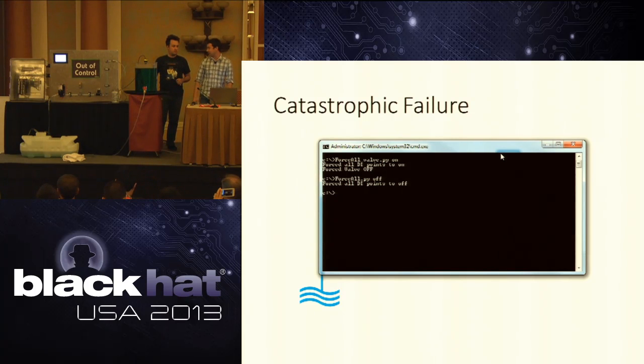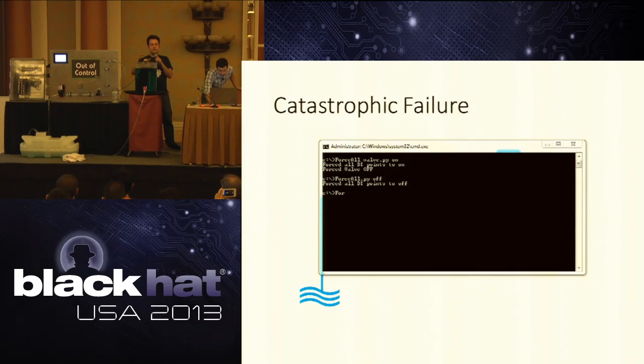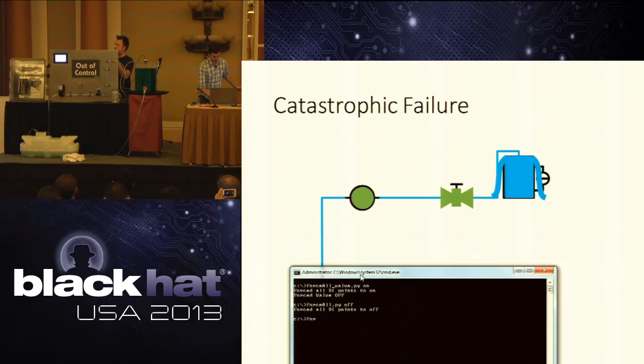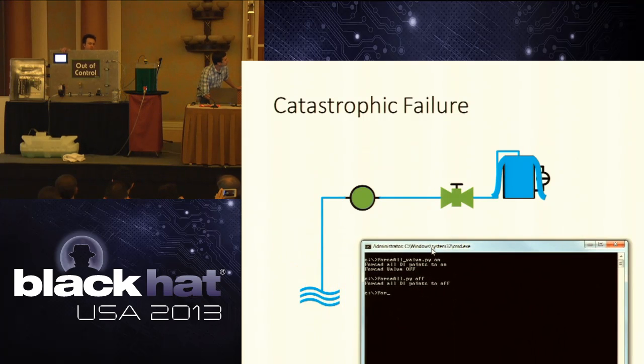So there's one other thing that we want to show. We're going to show how we can keep running the pump while the level sensor is already reporting that the tank is full and cause a tank overflow condition. But at the same time, if you look at this panel, we'll be spoofing data to the operator to show that the tank is actually decreasing.